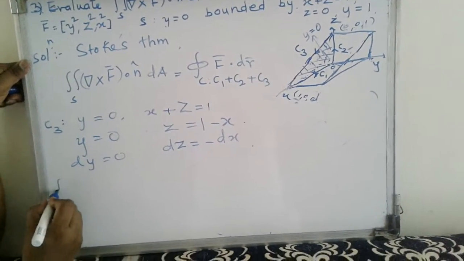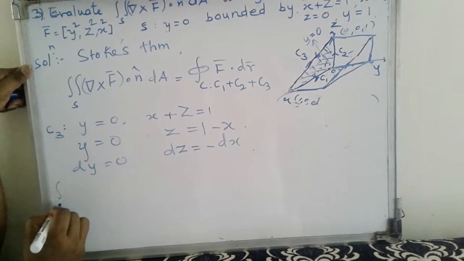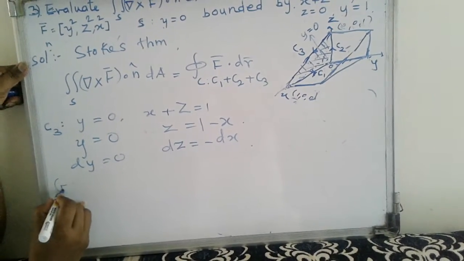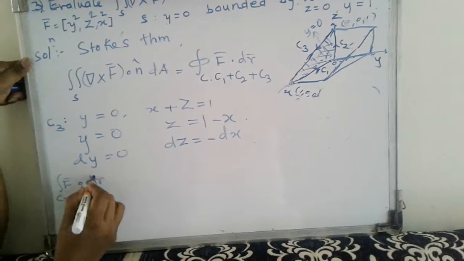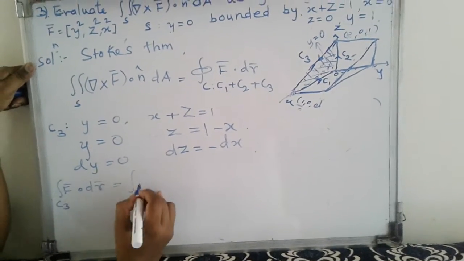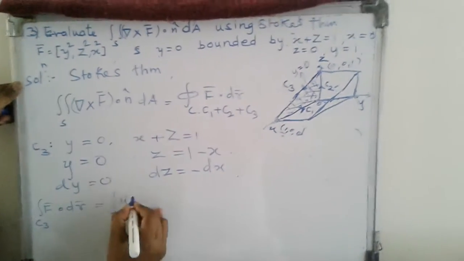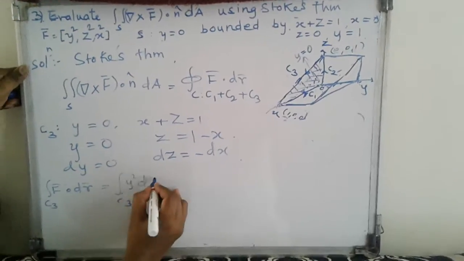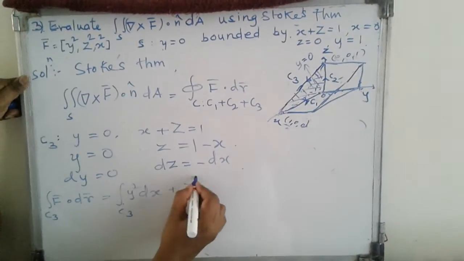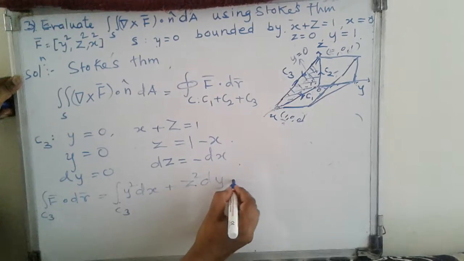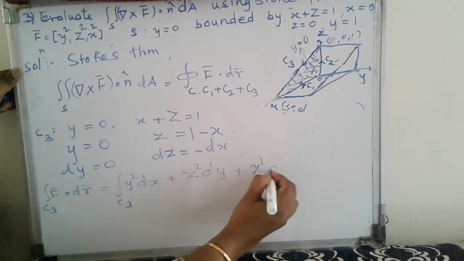Now evaluating the line integral along this path C3, f bar dot derivative of r bar is equal to this scalar function again, y square dx plus z square dy plus x square dz.